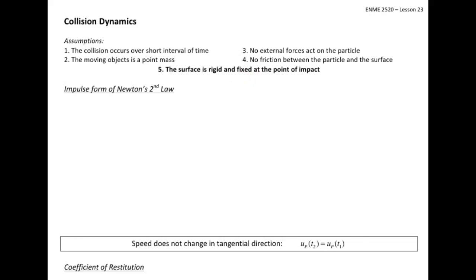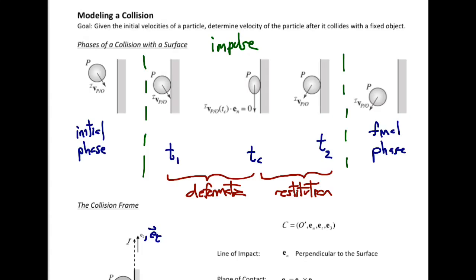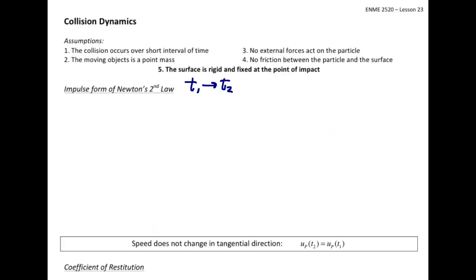So we'll start our analysis by analyzing the collision from time 1 to time 2. And that is from the beginning of the collision all the way to the end of the collision, so it takes into account the entire impulse.